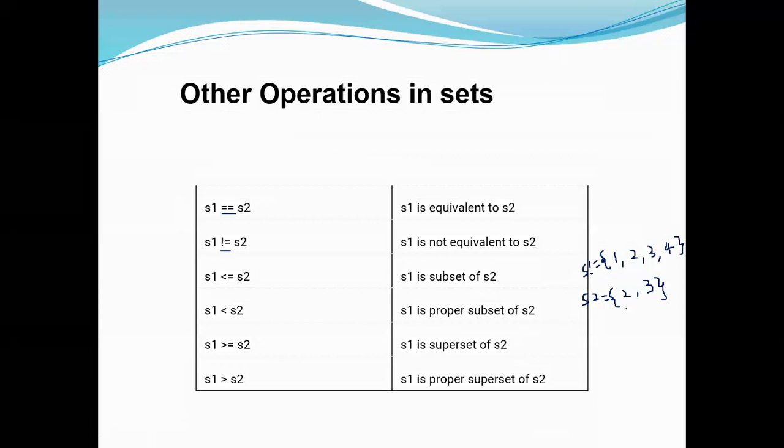Superset in the sense it contains the elements of the smaller set. S2 is smaller and S1 is the larger superset. It includes the elements of S2. All the elements of S2 are present in S1. So that's what is stated here with subset and superset.